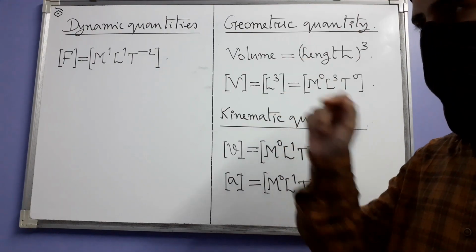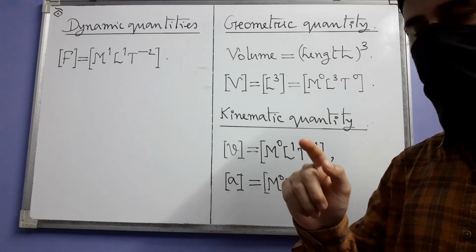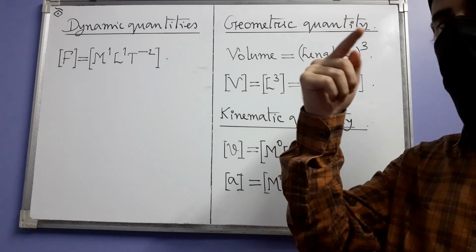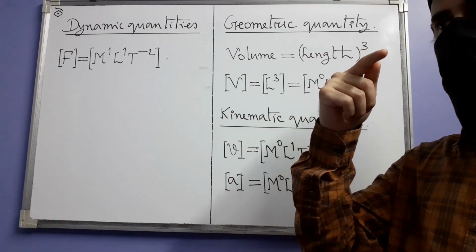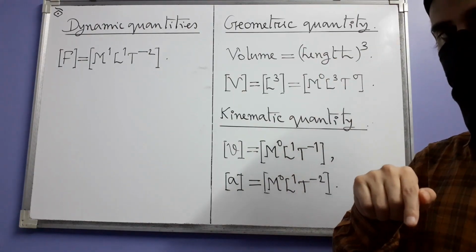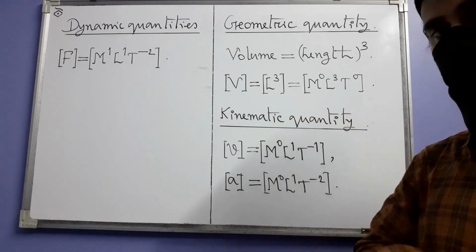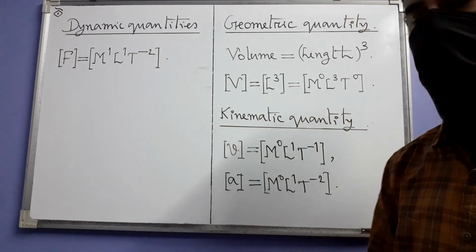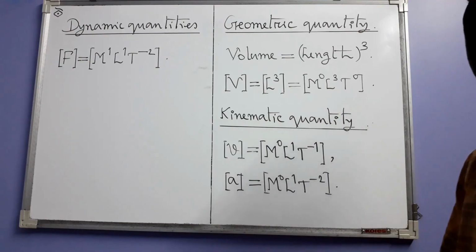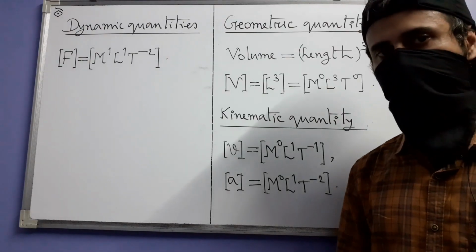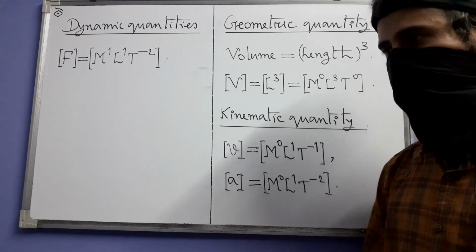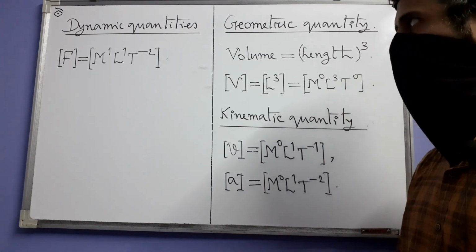Mass has dimension M, velocity has dimension L times T to the power minus 1. But it's rate of change of that. That means we are again dividing by time. So that way you get T to the power minus 2. Another dynamic quantity would be momentum itself, mass times velocity, torque. These are all dynamic quantities.